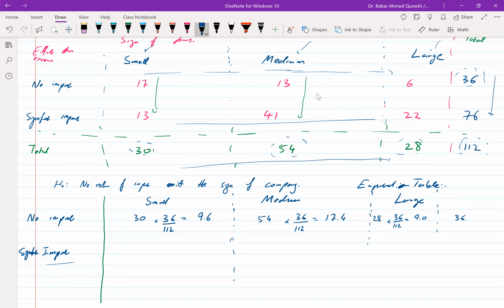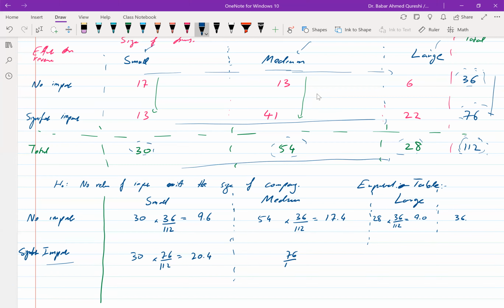How will I get this number? I have 76 out of 112 with significant impact. So the probability of having significant impact is this, and I multiply it with the total small firms. That gives me 20.4.